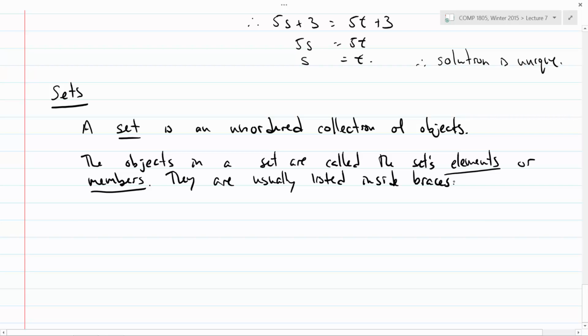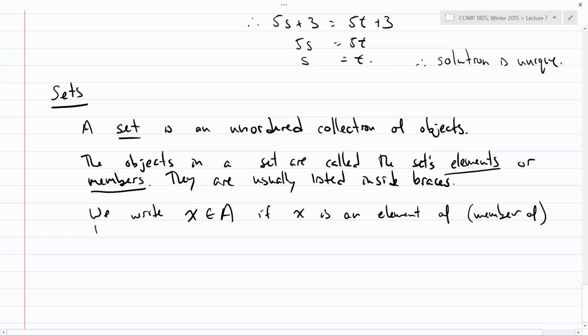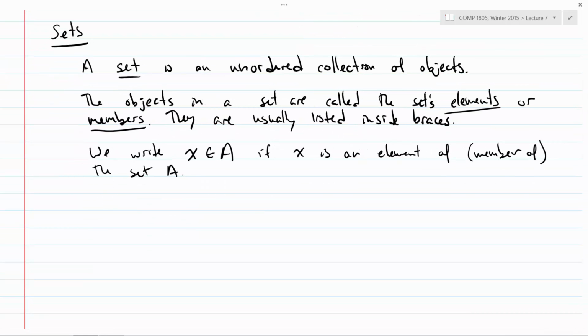When we want to talk about the members of a set, we have some notation. We write X is an element of A to mean X is inside the set A. All right, that's how we use that notation.